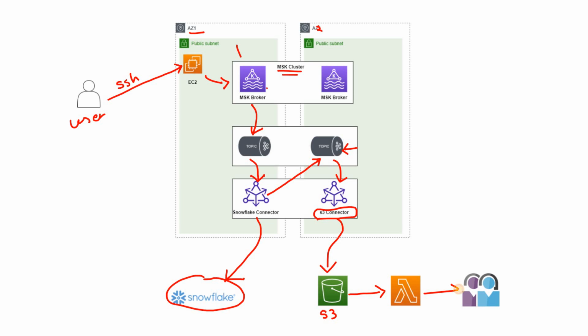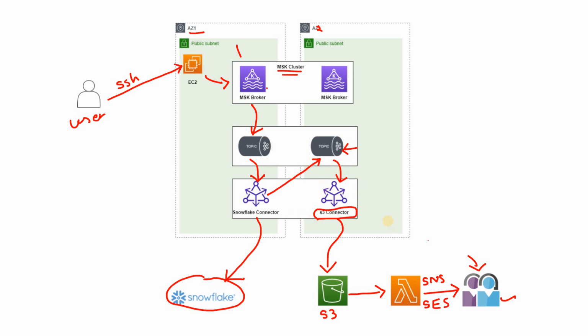In that Lambda code, you can take help of SNS, or you can take help of Simple Email Service, that is SES, to send an email or any push notification or SMS message to the developer team or production support team, so that they can quickly come and check the reason for which the error occurred, or what the bad entities are which are creating issues in our pipeline.